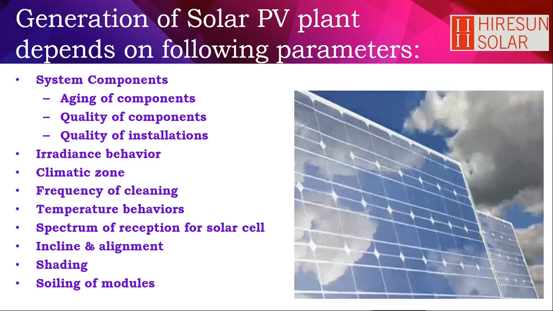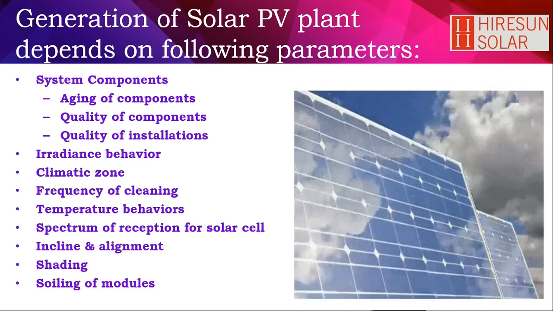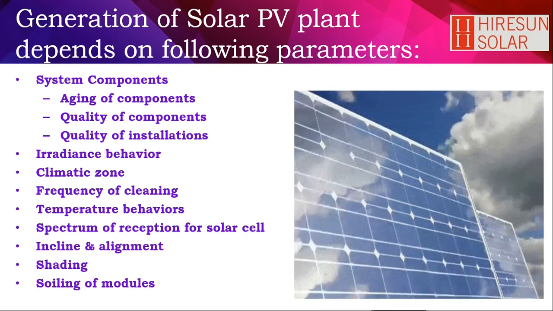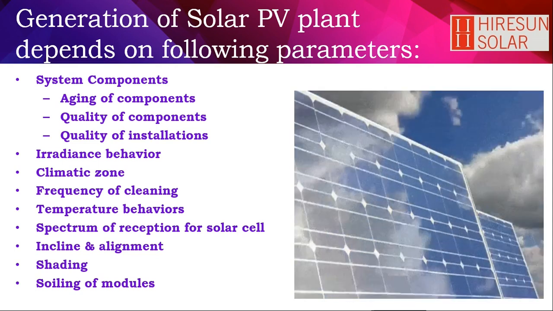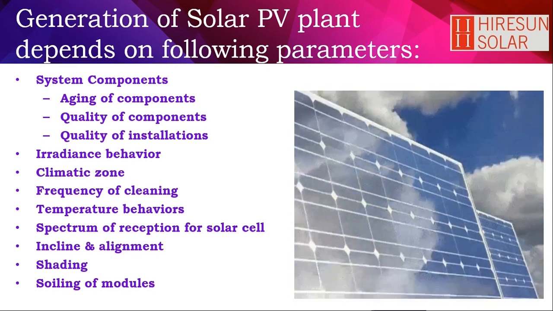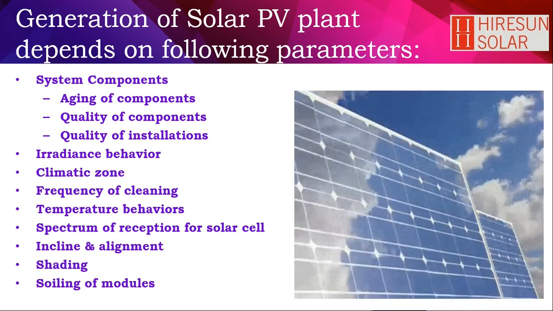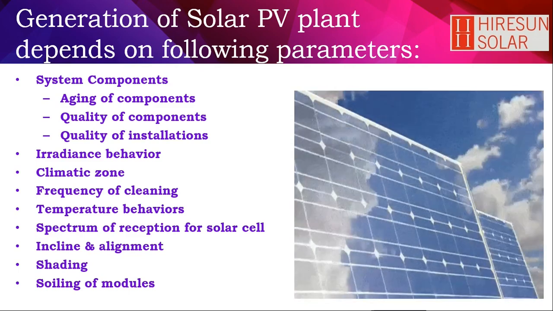The most important factor is the frequency of cleaning. Then the temperature behavior, because it decides our voltage. Then spectrum of reception of the cell, incline and alignment, shading if there is any, and soiling of the modules, meaning on which type of soil you are going to install the modules.